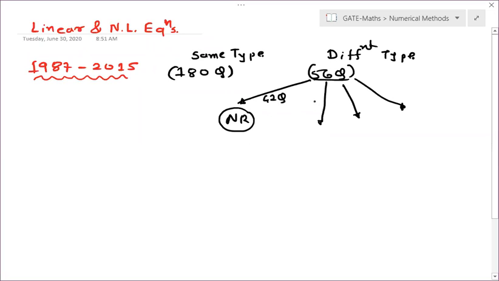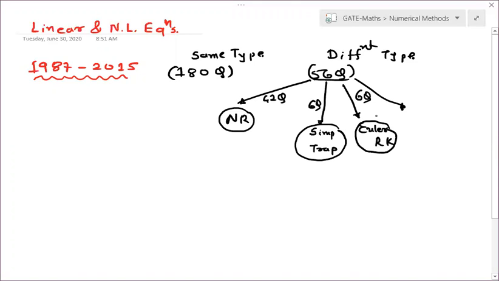6 questions are from Simpson's and trapezoidal rule. 6 questions are from Euler and RK method. Right. This I am writing, all the different types of questions.